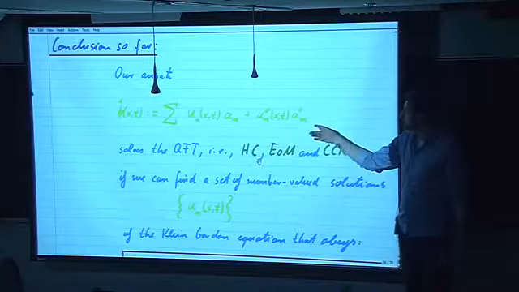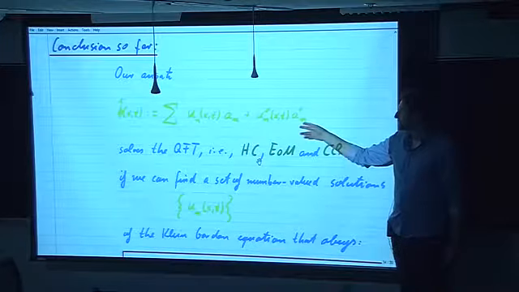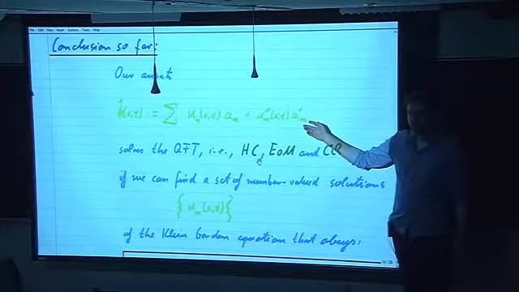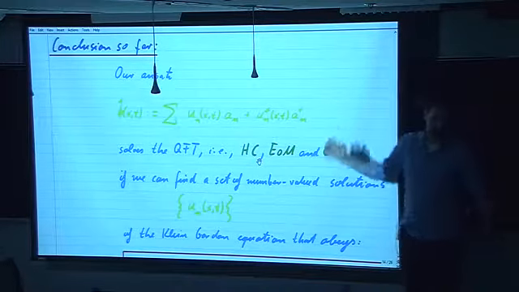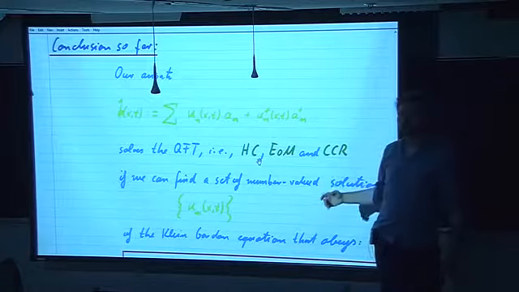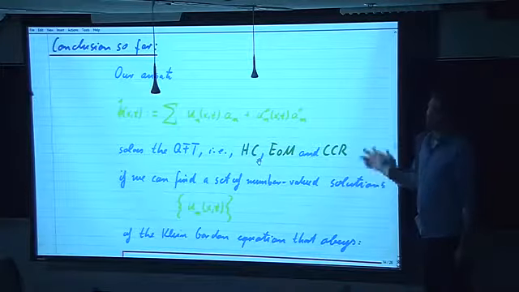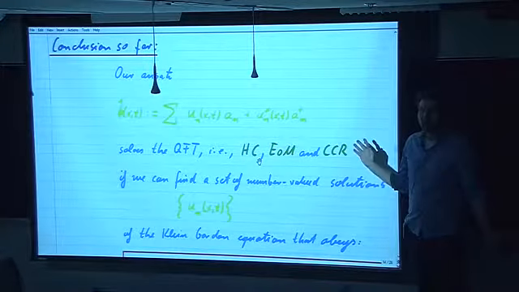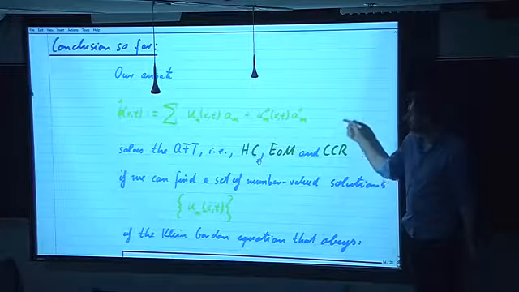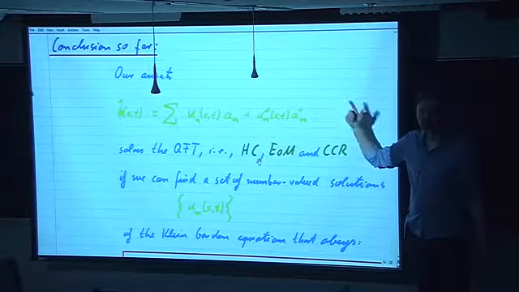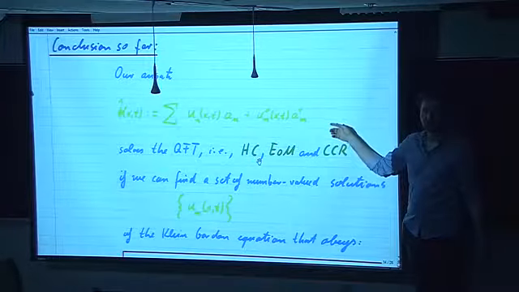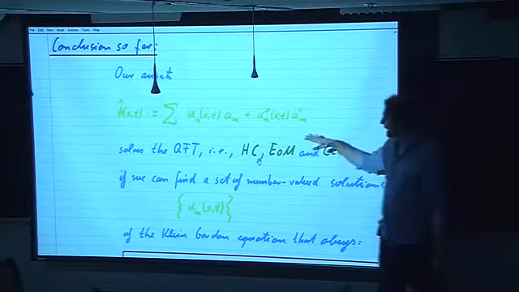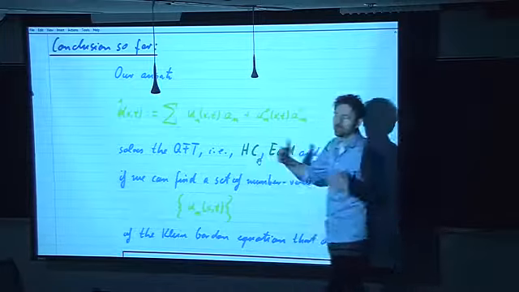If you want to change the commutation relations in a more severe way, such as that the commutator between a and a dagger is, I don't know, a dagger squared or something like that, then you're back to square one. Because then you have to show that you can actually make the phi and pi commutation relations come out right with this representation, right? It would be a different ansatz, and it may or may not succeed.